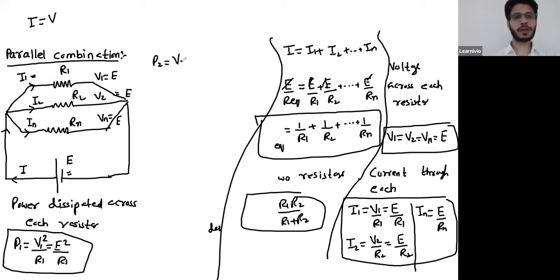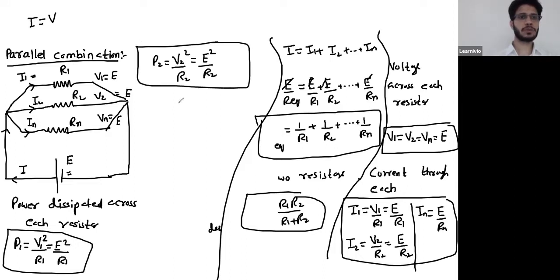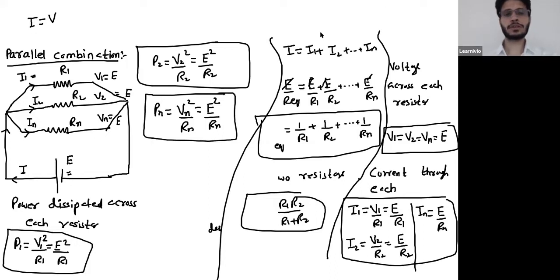Power dissipated across the second is V2 square by R2, which is E square by R2. And we can even write Pn, which is Vn square by Rn, which is E square by R. This is how we calculate power dissipated across each resistor: V square by R1, V square by R2, V square by R.